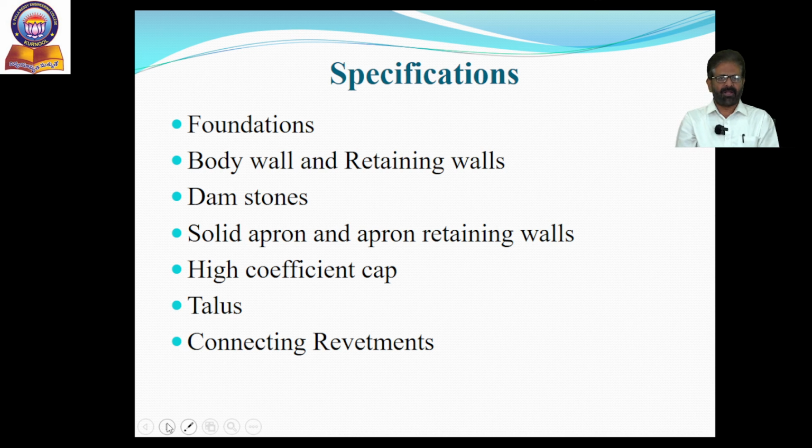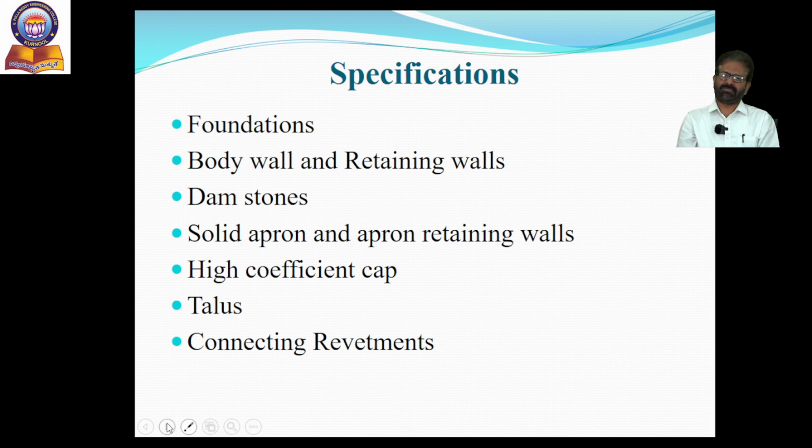Similarly, body walls and retaining walls. Generally, all the walls, if you observe in this present design, weir wall, abutments, wing walls, return walls, etc., are made of either masonry or concrete. Most of the cases, all these walls are made with masonry only, for which certain specifications again you have to consider: coarse durable masonry with cement mortar CM 1:6, like that we have to maintain.